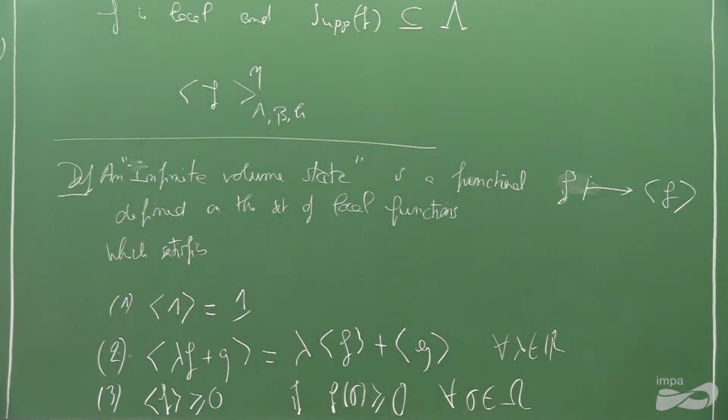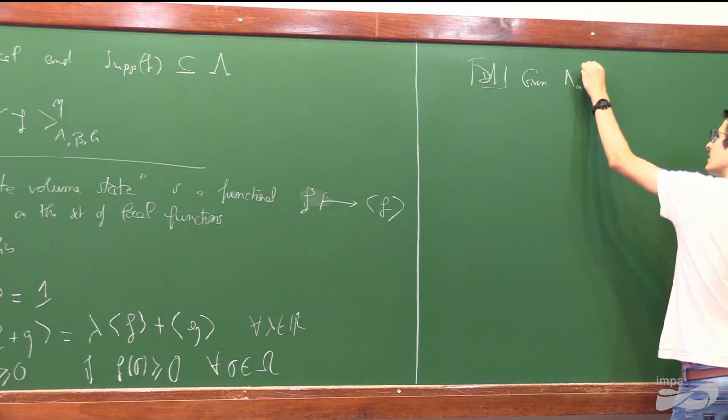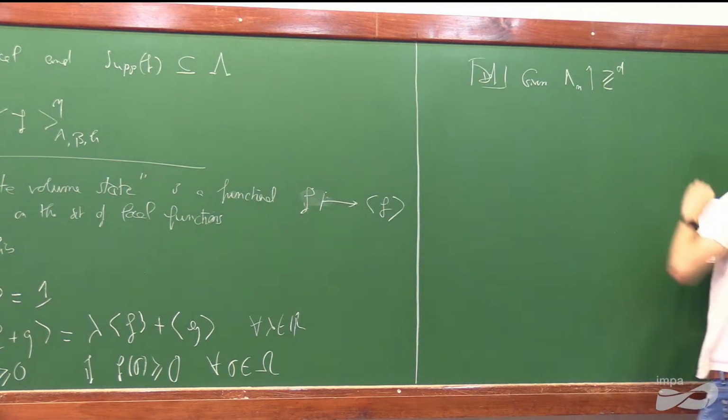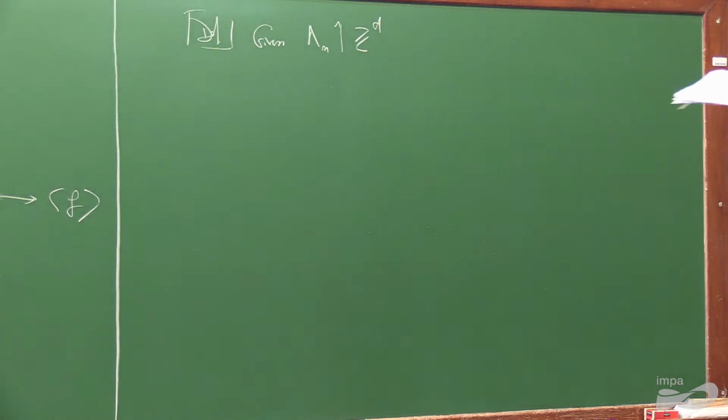So now, given lambda n that converges to Z^d, what I mean here is just that it's increasing and that the union is equal to Z^d. Not in the Van Hove sense; I don't require anything on the boundary.